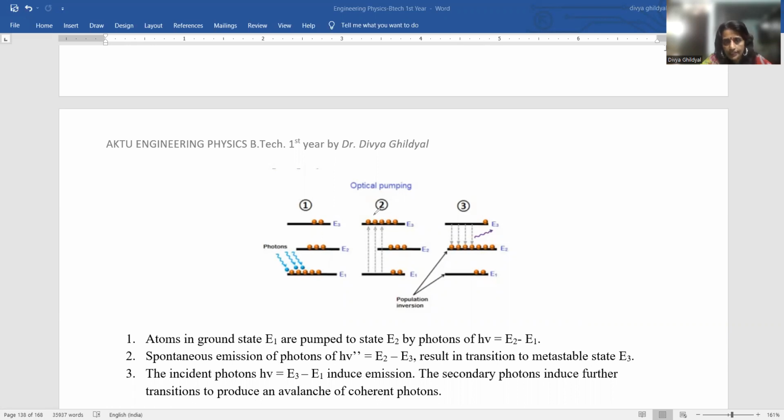So in the excited state, they are more compared to the ground state. Now we introduce the metastable state, and then we make these atoms fall down to the ground state, and they will give us laser light. This is also the concept of optical pumping.